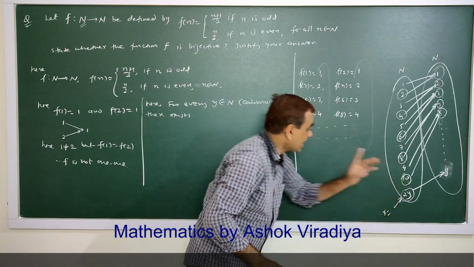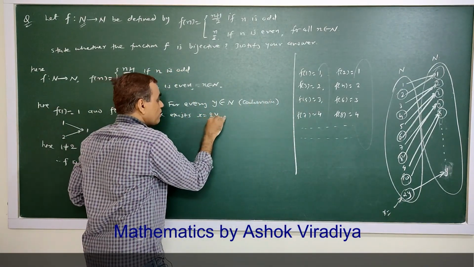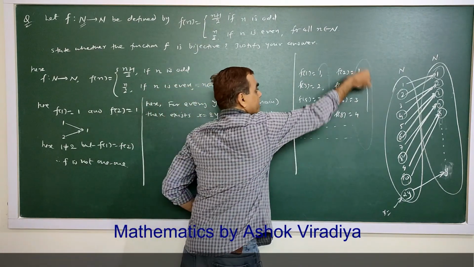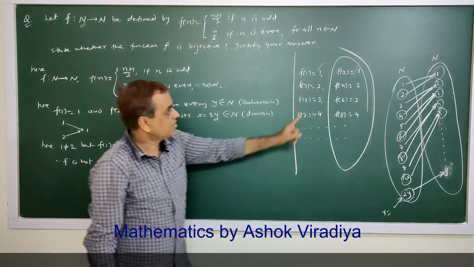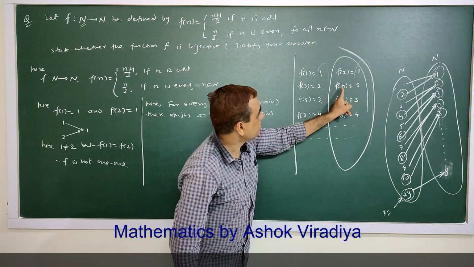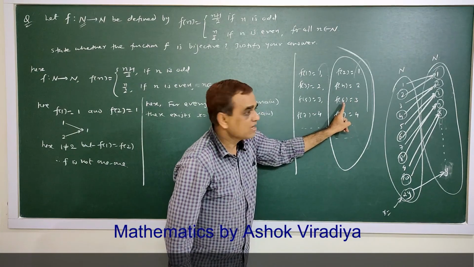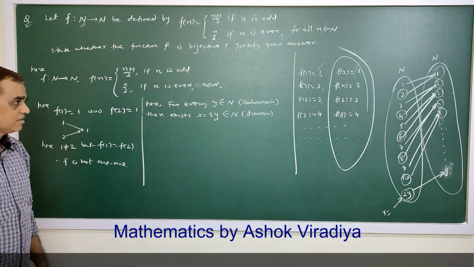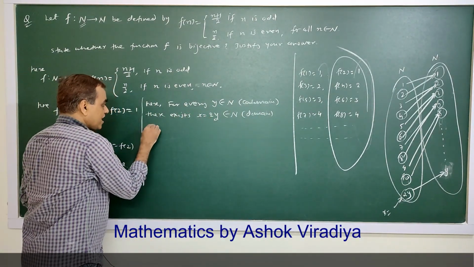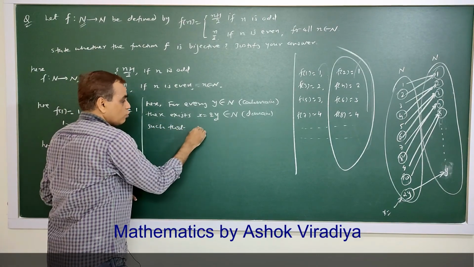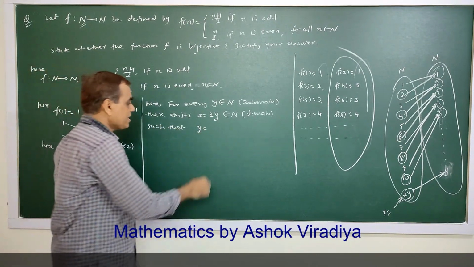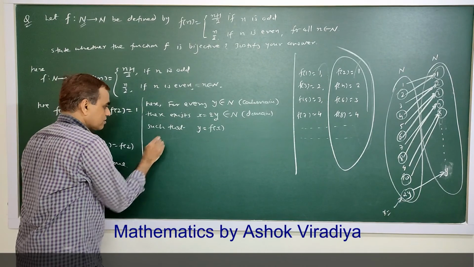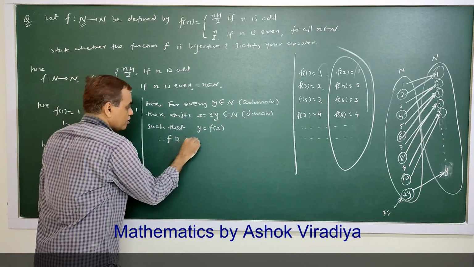What is x? 2y. So x is double of y, such that y is the image of x under f. Therefore this function is an onto function.